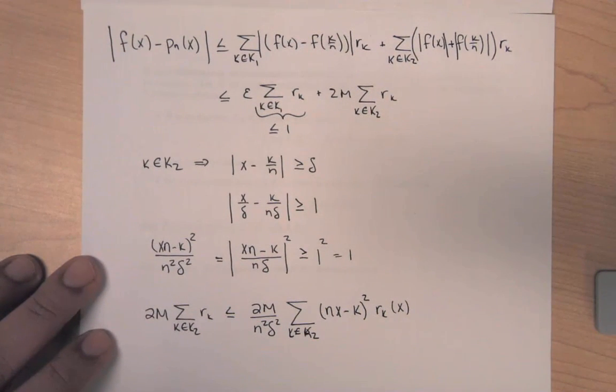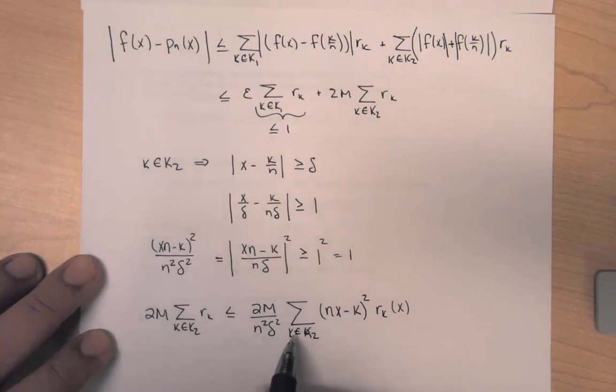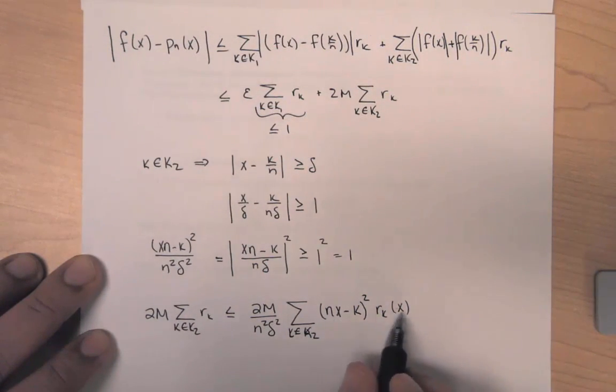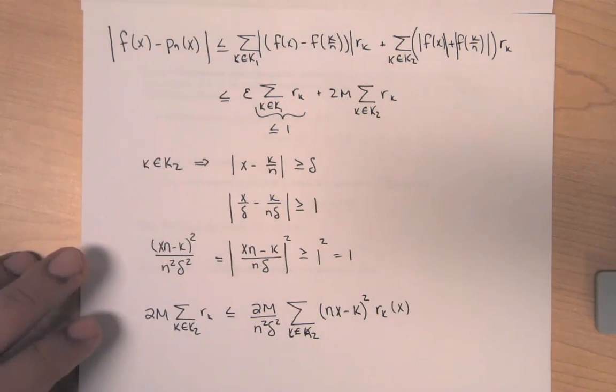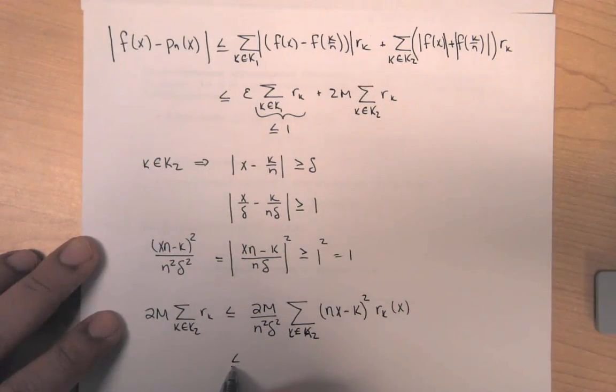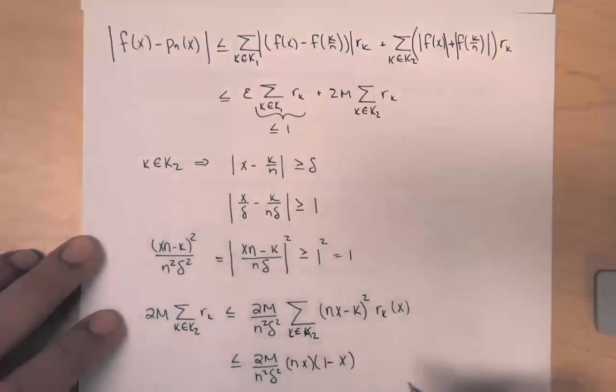And if I had all the indices, we know exactly what that sums to because we did it on the previous page. So this is less than or equal to 2M over n squared delta squared times n x times (1 minus x).